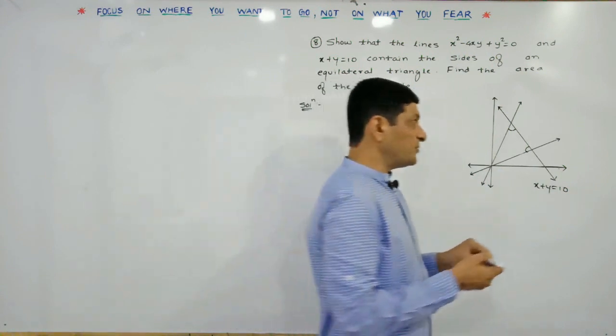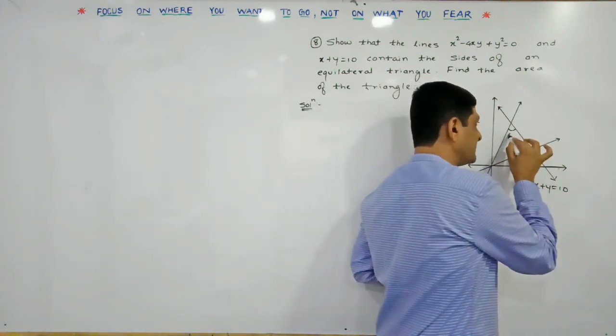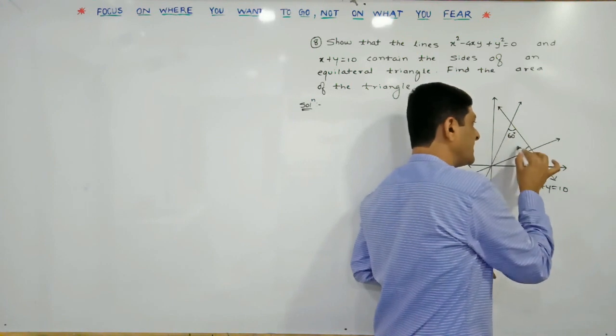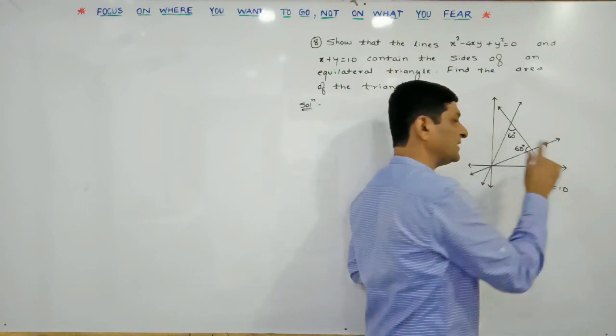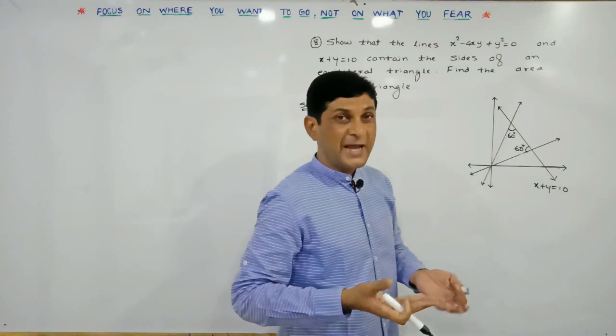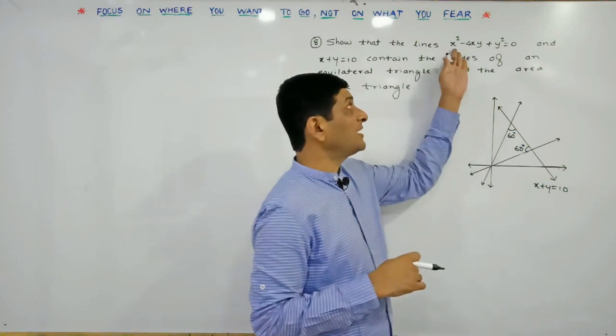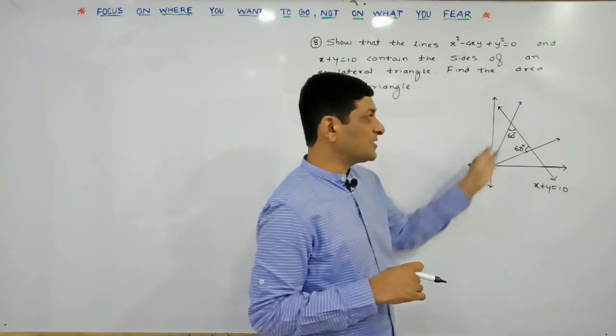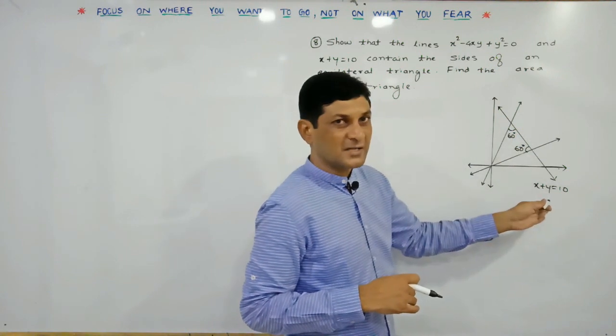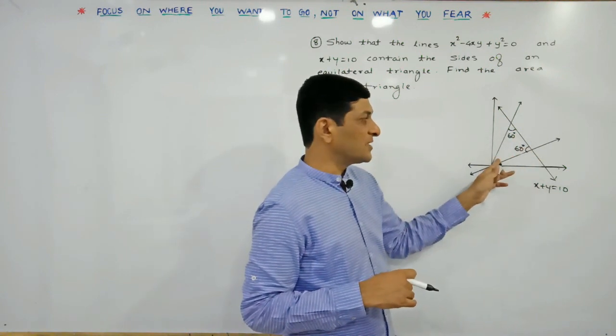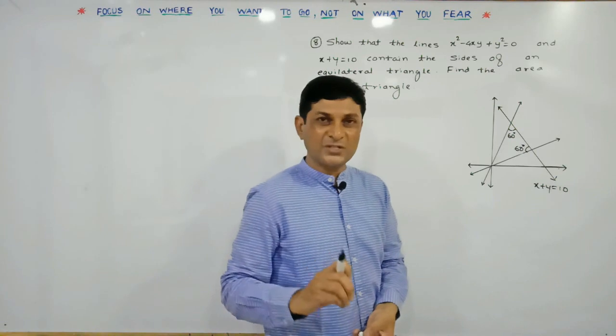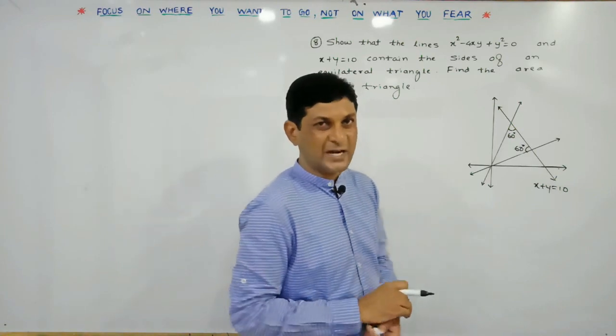We are supposing that the lines passing through the origin make an angle of 60 degrees with this line. If two angles are 60 degrees, then definitely the third angle is also 60 degrees, and the triangle will become an equilateral triangle.